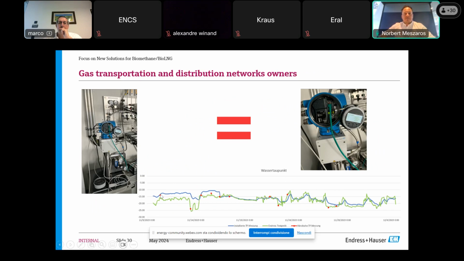This figure was not created by us. As you can see, Endress+Hauser is typically blue, but this time we are the green one, and the red points are from the manual measurement with high accuracy manual sampling.